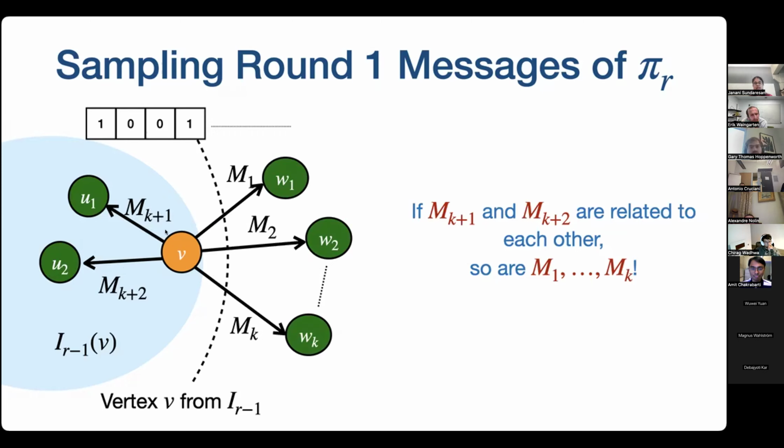So it is not possible that M_{k+1} and M_{k+2} have some special correlation that is not present in the other messages. If M_{k+1} and M_{k+2} have some special correlation, they should have this correlation with the majority of messages that we send also. So this is the reason you have some hope to solve this.